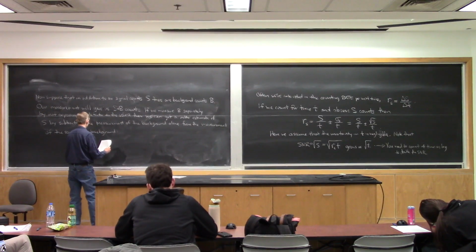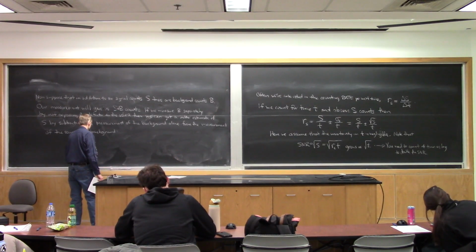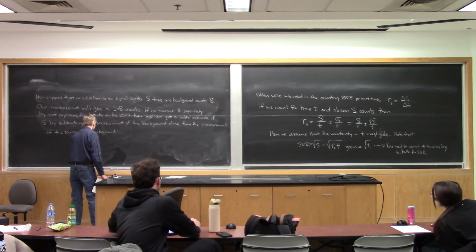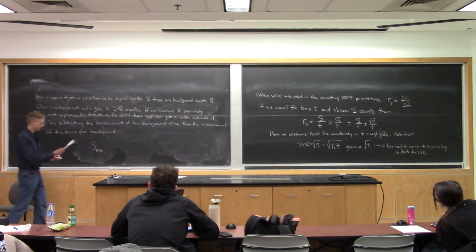So we can say S sub t, where that t doesn't stand for, well actually I'll just write it down. S sub true, so in other words the true amount of signal counts.